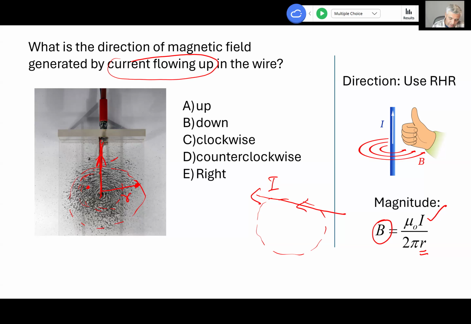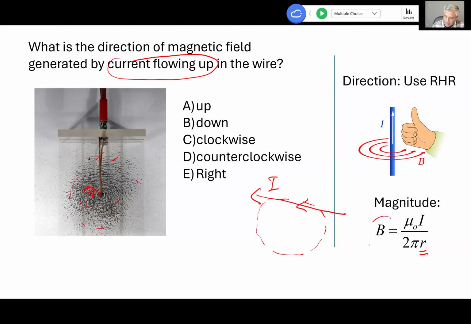If the point is here, then R is going to be that, and the circle is this smaller circle. So it depends on R and I. The larger the I, the larger the magnetic field, but a larger value of R means farther from the wire, and a smaller magnetic field. So that's what it is telling us.